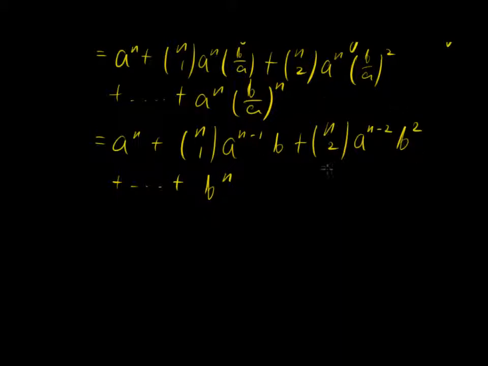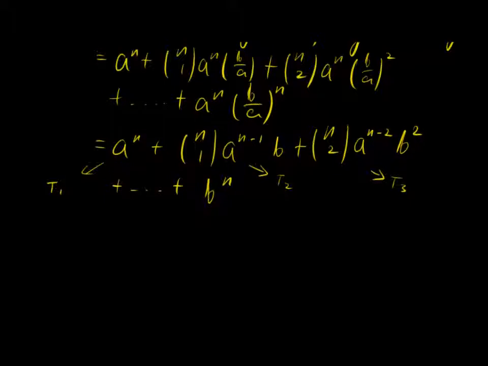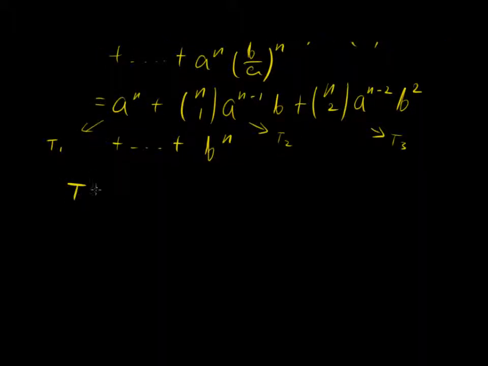Alright, so let's represent the first term as t1, second term as t2, third term as t3. By doing this, we can represent T(r+1), meaning the r plus 1 term in the expansion. For the first term, you can see that b is of the order of 0 and a is of the order of n.